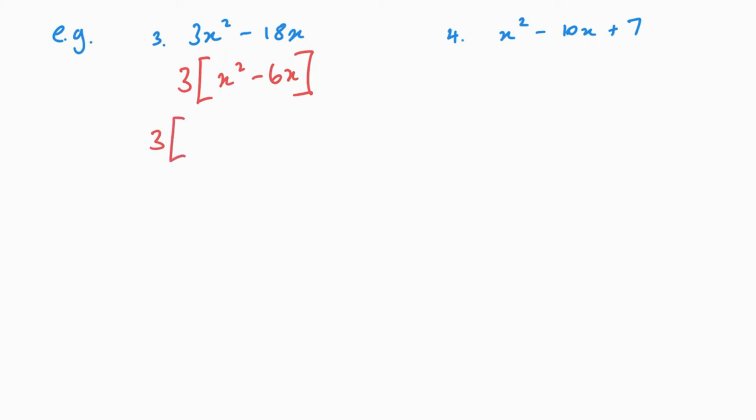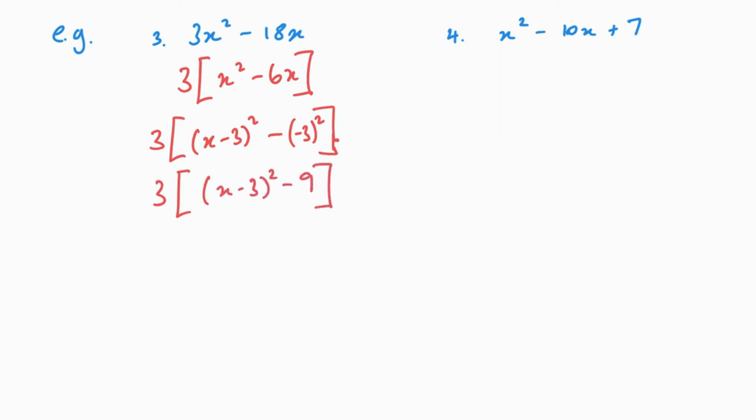So ignore that 3 just outside for the moment, and let's deal with what's inside. x squared minus 6x will become x minus 3 squared. Then I need to take away that minus 3 squared. So we've got 3 times x minus 3 squared minus 9.